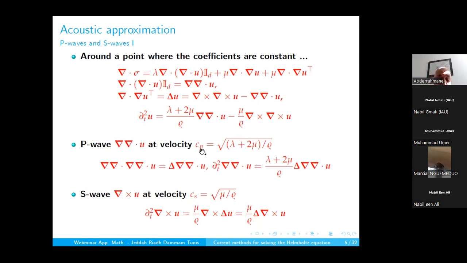Usually, Cp is at least 3 times larger than Cs.